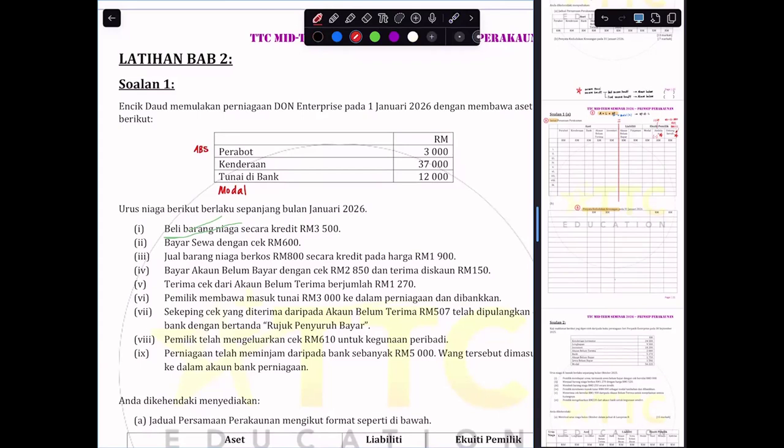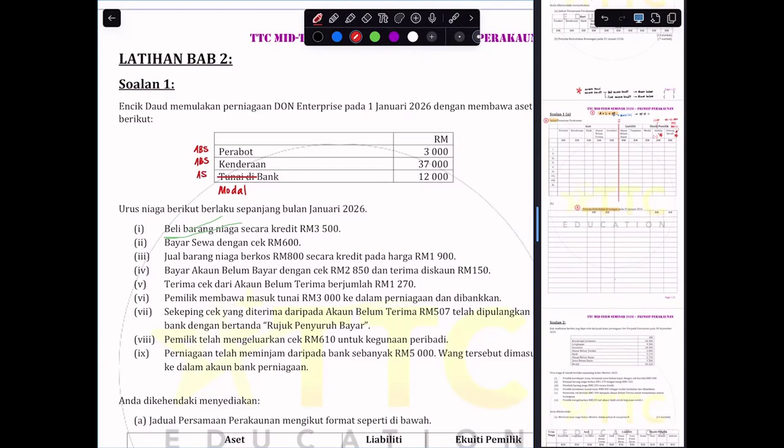Kendaraan, vehicle, including the lorry, the truck, the car, the van, ABS also. Tunai di bank means the money kept in the bank, just call it bank. Bank classification, your money in the bank.